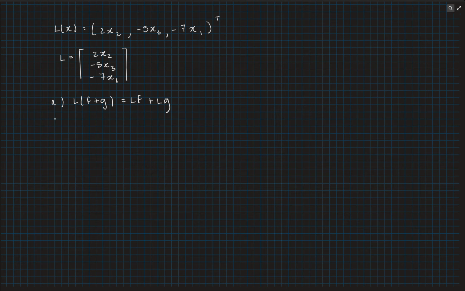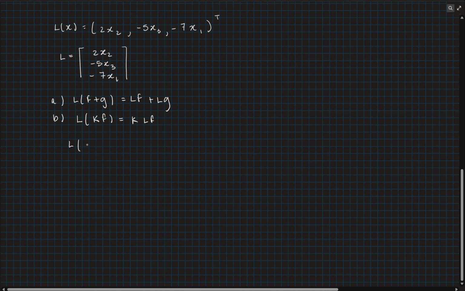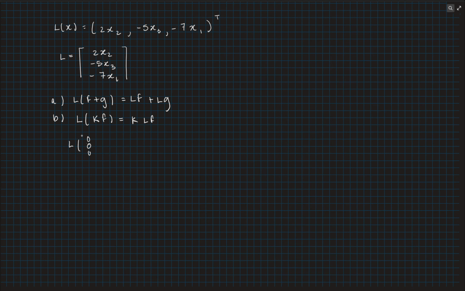And B, L of some constant k times f needs to equal k times L of f. So first let's check if the zero vector exists. If I give you L of 0, 0, 0, you should get back 0, 0, 0. And this is what we get.